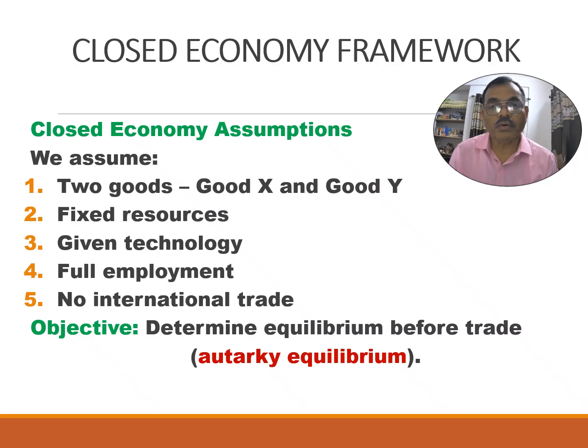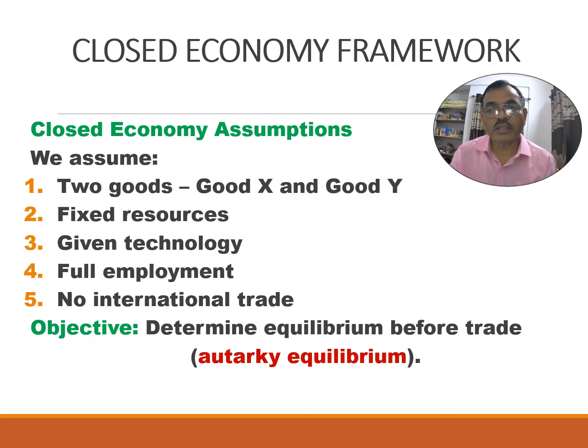That means only two goods are produced, good X and good Y. Resources are fixed, technology is given, and there is full employment and there is no international trade. Under these assumptions, we try to determine the equilibrium production and consumption combination. This equilibrium is called autarky equilibrium.